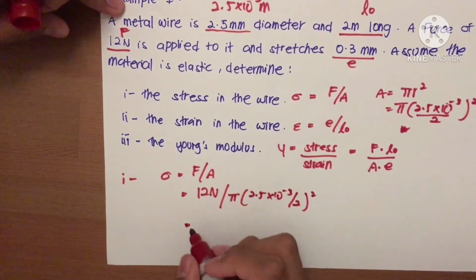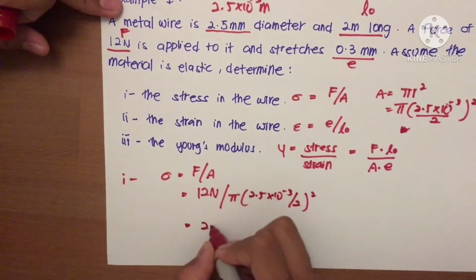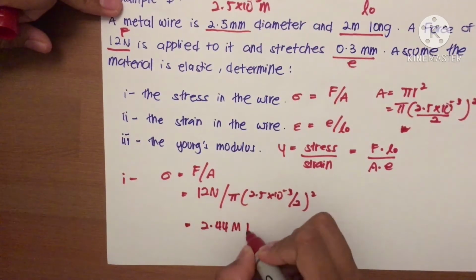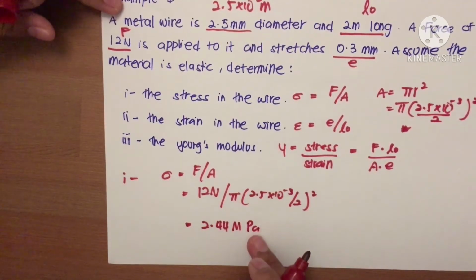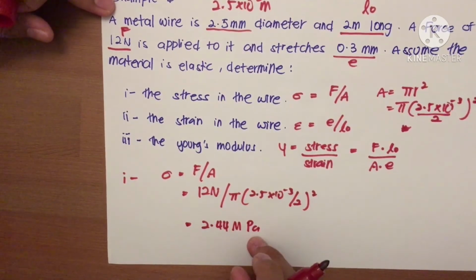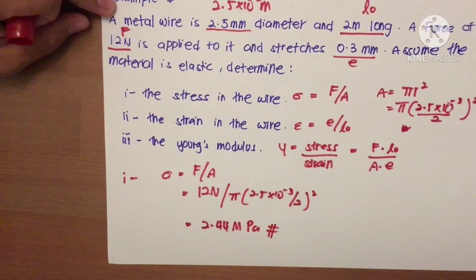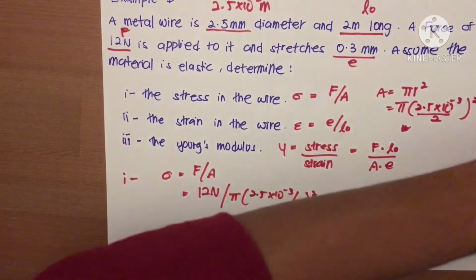Therefore, we get the answer 2.44 megapascal. This is the SI unit for stress, we use Pascal here. So that answers the first question. Let's move on to the second question.